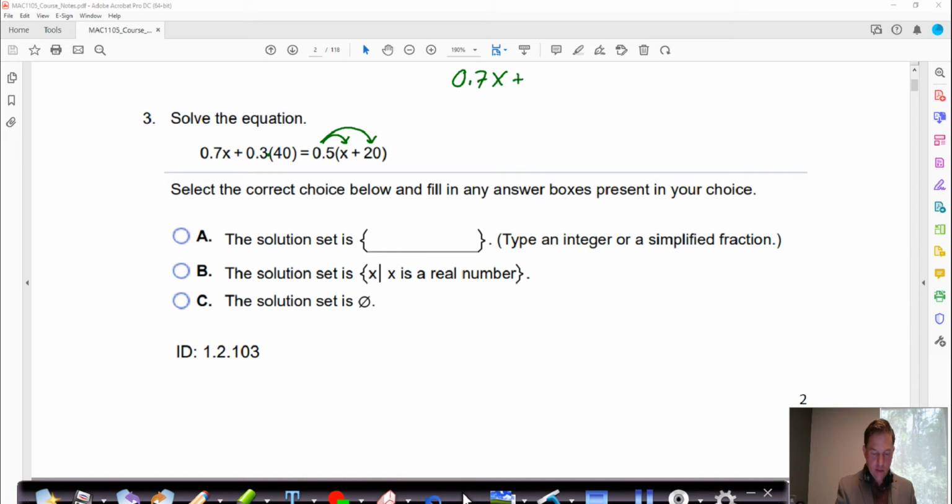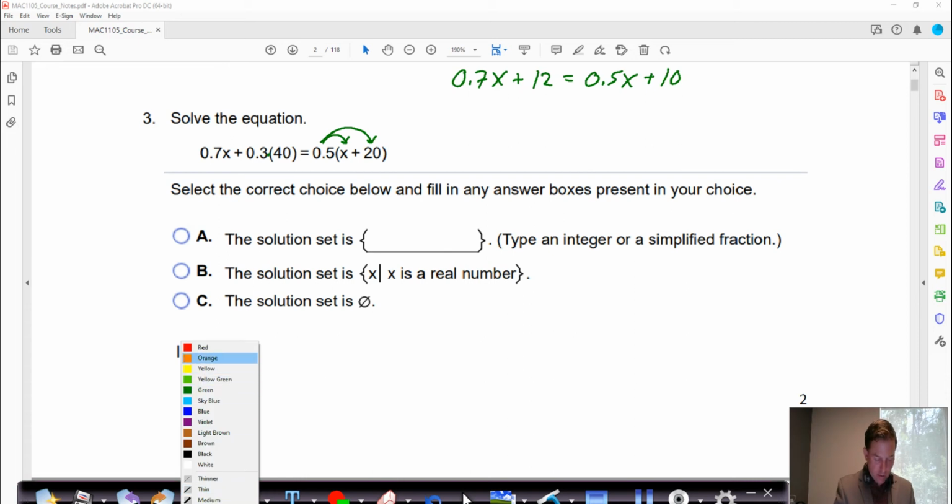plus, you can use a calculator for this, 0.3 times 40 is 12, equals 0.5 times x would just be 0.5x, and then 0.5 times 20, again you can use your calculator, is 10. Okay, and now it's a problem no different than the first two. So let's move the numbers over first.